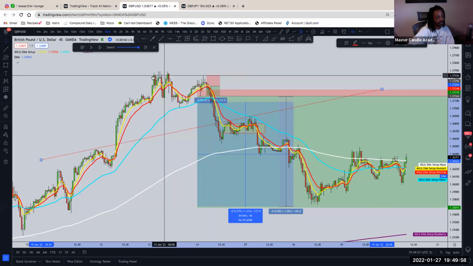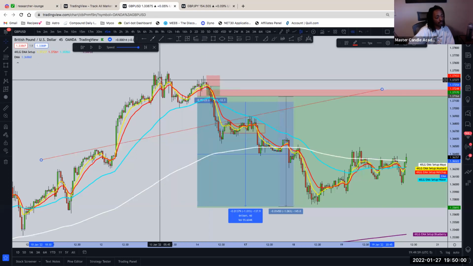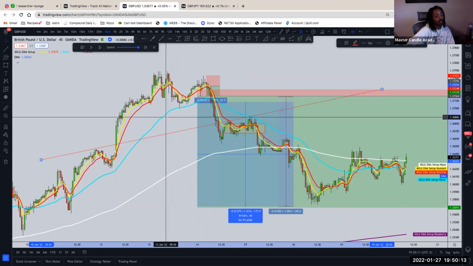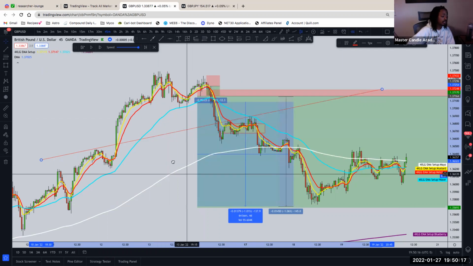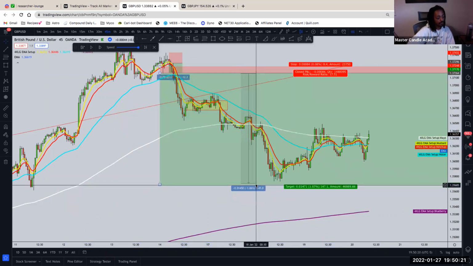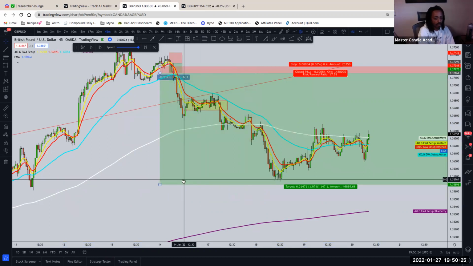Then you just start to see things mesh into each other and everything starts to become clear. You start to understand market structure a little bit more. I like the 4XLG. Actually, doing this class, it makes me realize how much I really do like the 4XLG. It just becomes a lot at times.